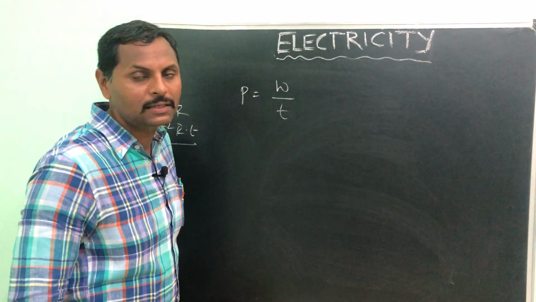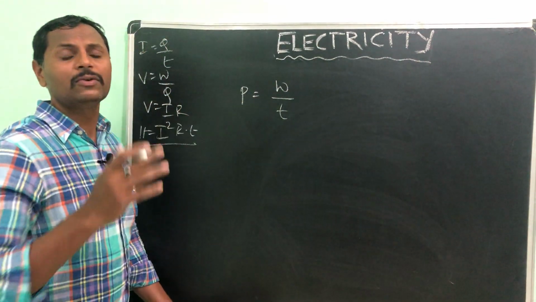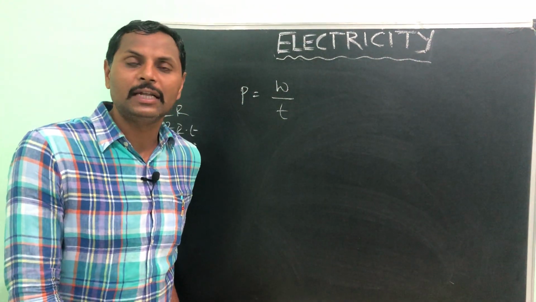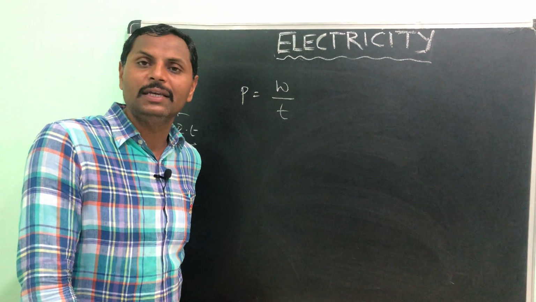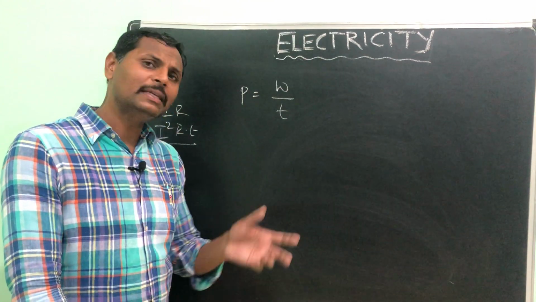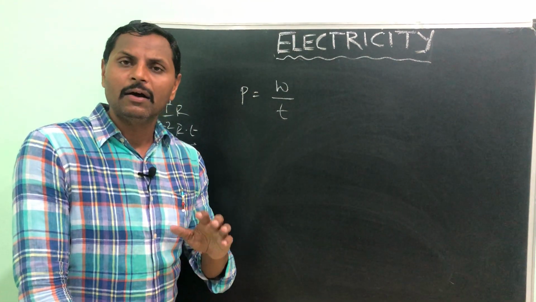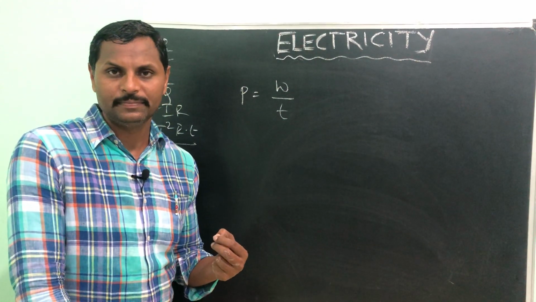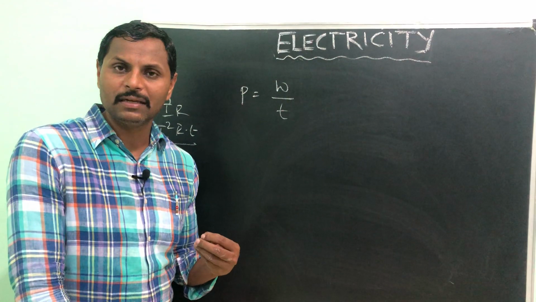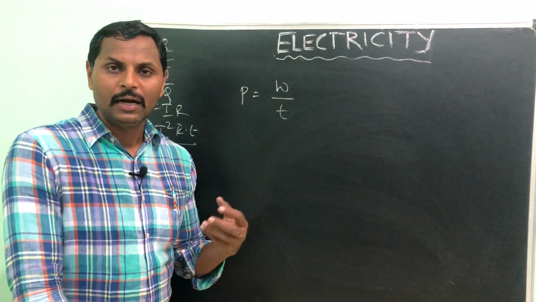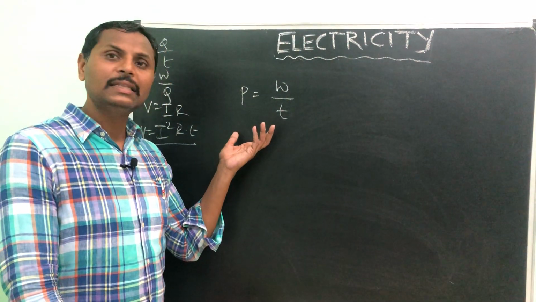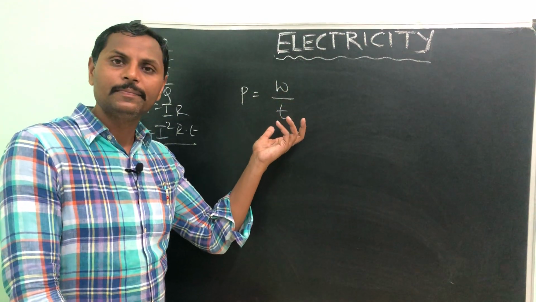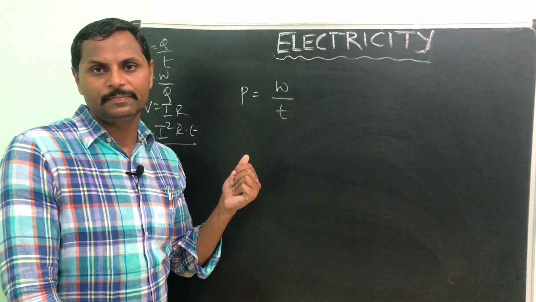Okay, that is power. See, all these electric devices, that may be a bulb or a TV or a fridge or all these electrical appliances are working. So they need some energy. Okay, they need some energy. Understood? So power is nothing but work done per unit time.